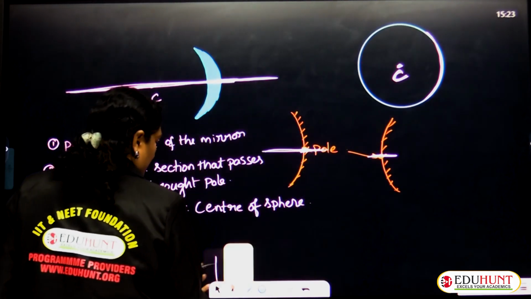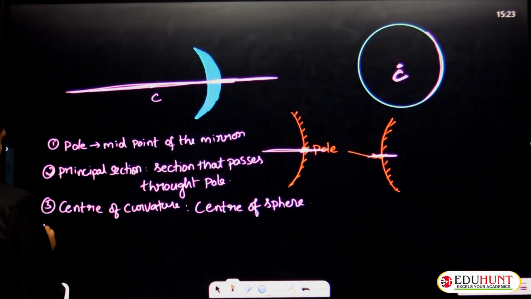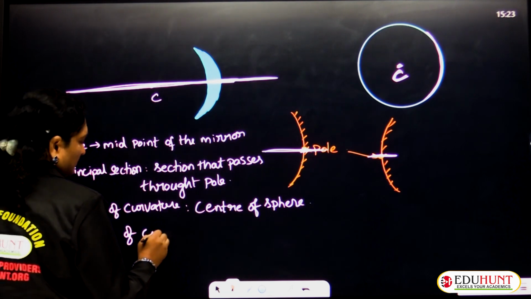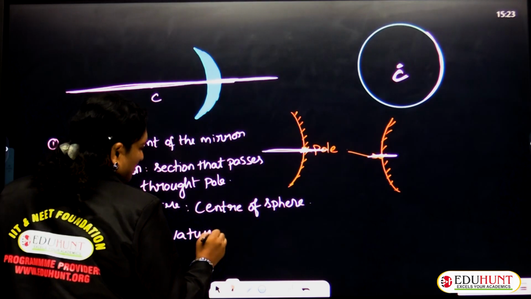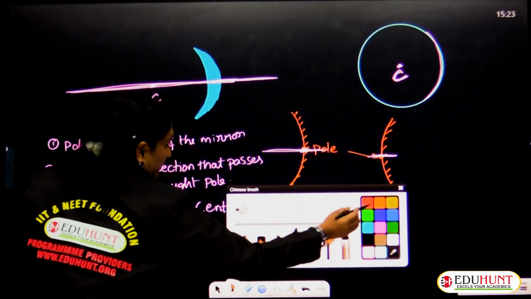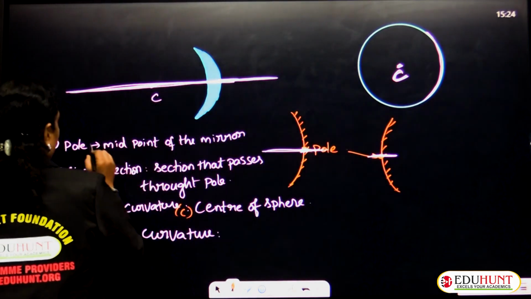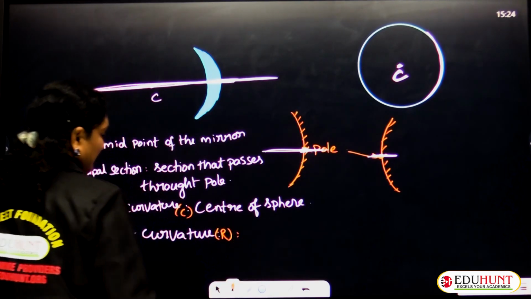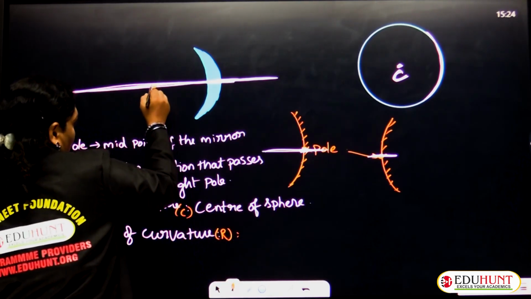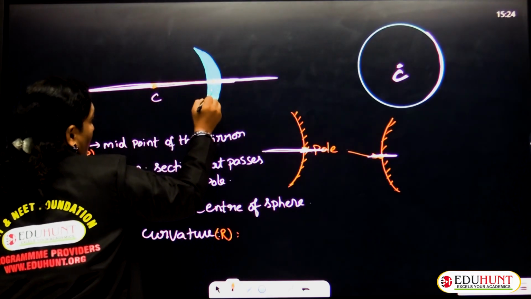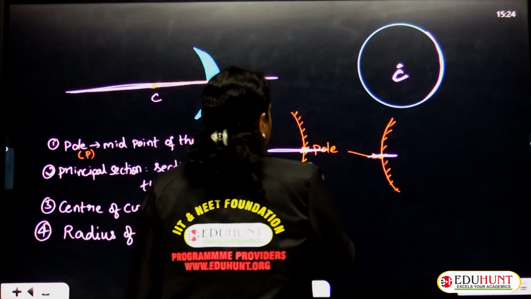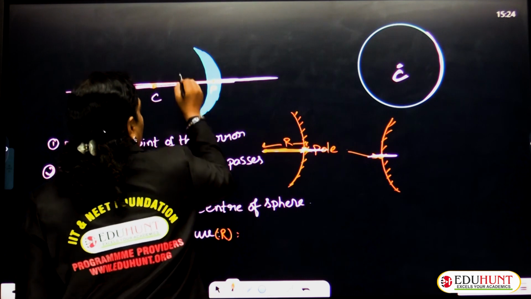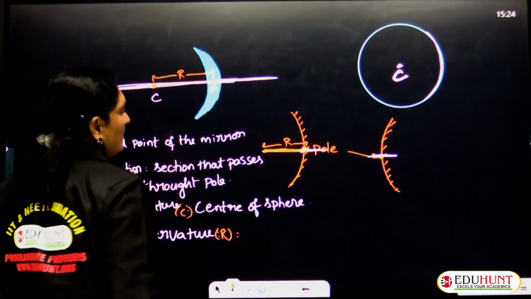Well, now about the radius of curvature. The center of curvature is generally indicated with the letter C, the pole of the mirror with the letter P, and the radius of curvature with the letter R. The distance between the center of curvature and the pole of the mirror is called the radius of curvature.